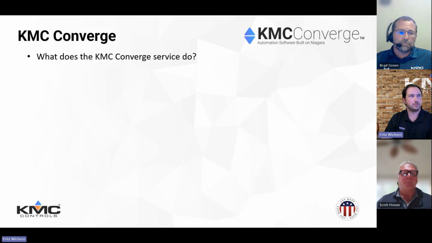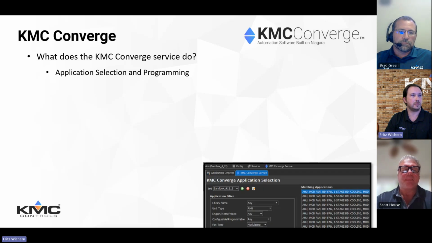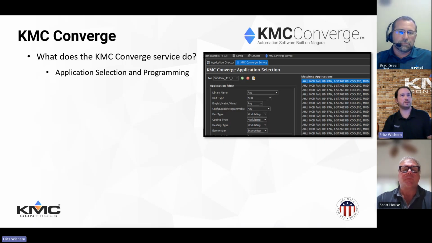Moving on, we'll take a little look at some of the options and what those KMC Converge service can do for you. Same structure as far as building out your application selection.